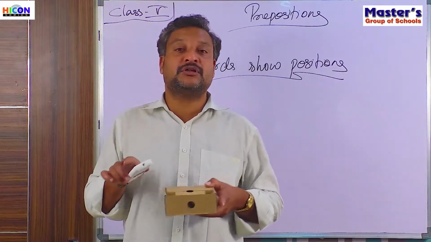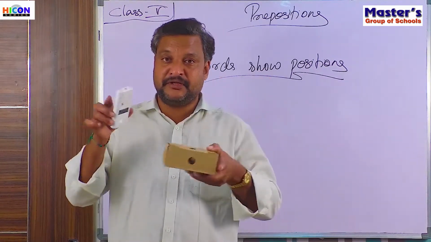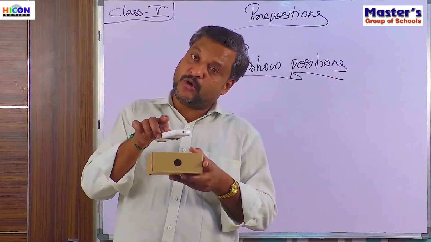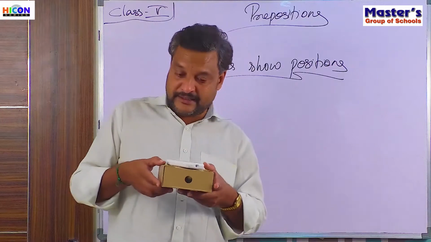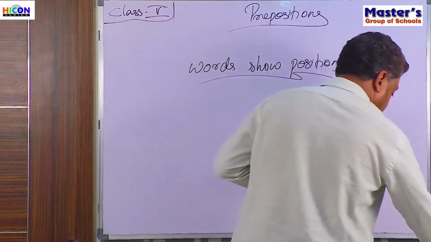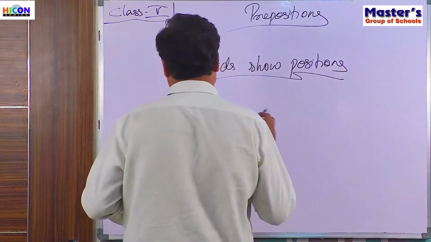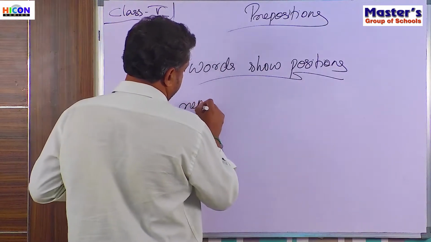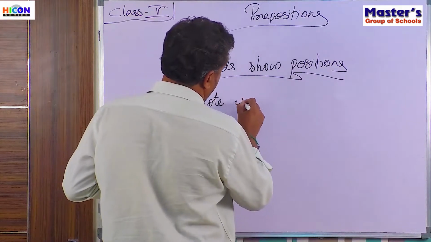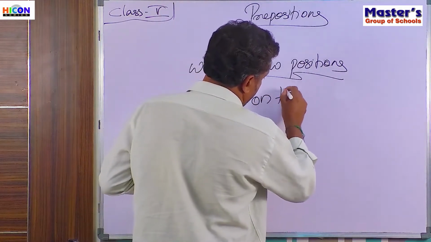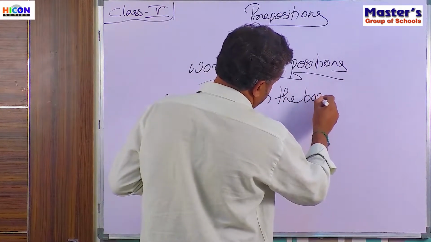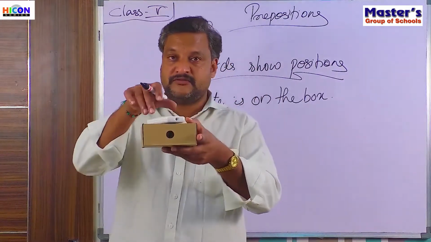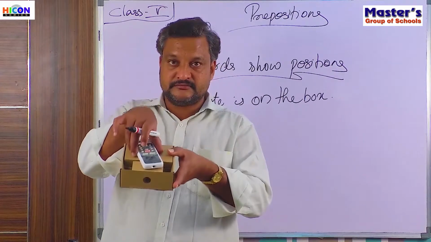When I keep this on top of this box, I can say the remote is on the box. The remote is on the box. We can see it here, right?